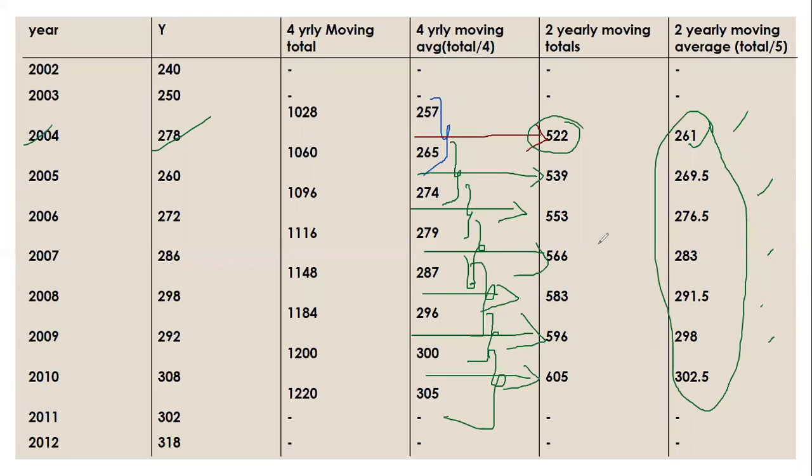Now, once we write them, divide them by 2 again. Everywhere, all of these are supposed to be divided by 2. Let me write it in a little clearer way. Okay, divide all of these by 2 and you get 2 yearly moving average. Sorry, this is by 2. I will just correct that and send.